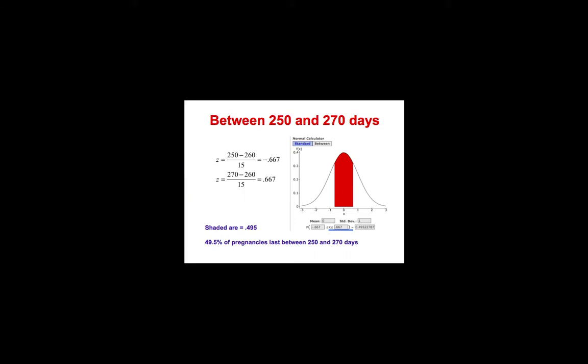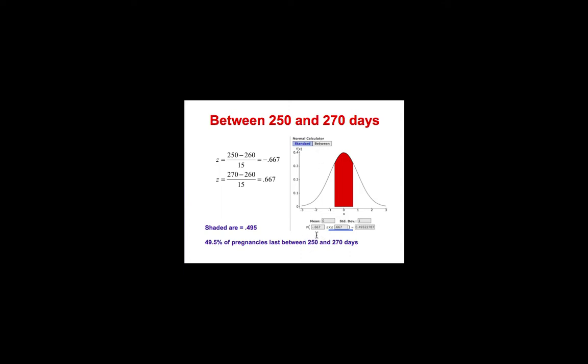The last question is between 250 and 270 days. This requires calculating two z-scores, one for 250 and the other for 270. This time on the StatCrunch calculator, we're going to switch from standard, which would be either below or above a specific z-value, to between two z-values.